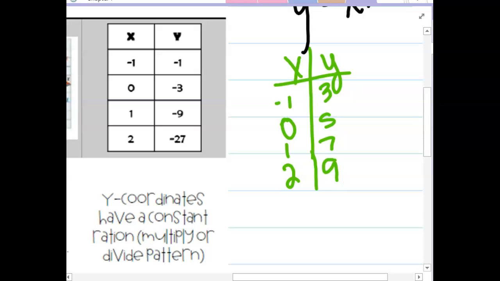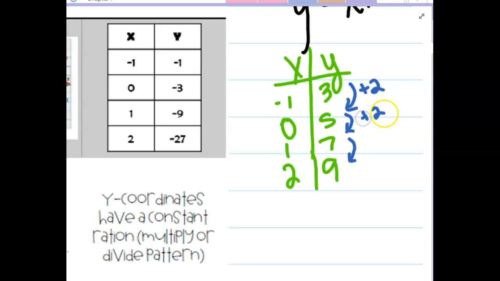If you're looking at a linear function, the y values are going to have a constant rate of change. Meaning, to get from 3 to 5, you add 2. From 5 to 7, you add 2. From 7 to 9, you add 2. And this pattern would go on and on.